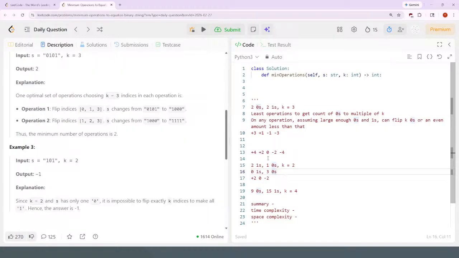At that point, I have an odd number of zeros and k is even. If I have an odd number of zeros and k is even, I don't think it's possible.